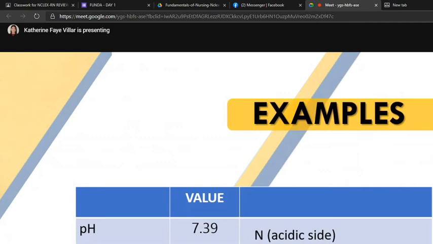Kaya po kung makikita nyo dito, normal siya, pero this is on the acidic side. Okay? Kasi pa-left na siya, diba? Towards the left. So that's more on the acidic. So tama po kayo na ang reading pa rin dito ay respiratory acidosis. And what's the compensation?